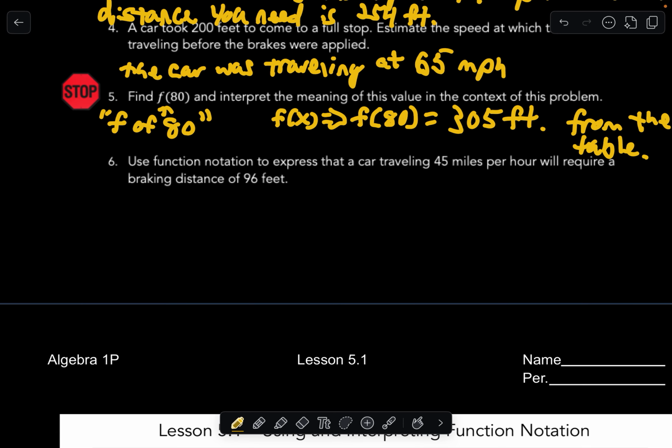All right. Then it says use function notation to express that a car traveling 45 miles per hour will require a braking distance of 96 feet. So we would say f of 45 is equal to 96. That's the function notation.